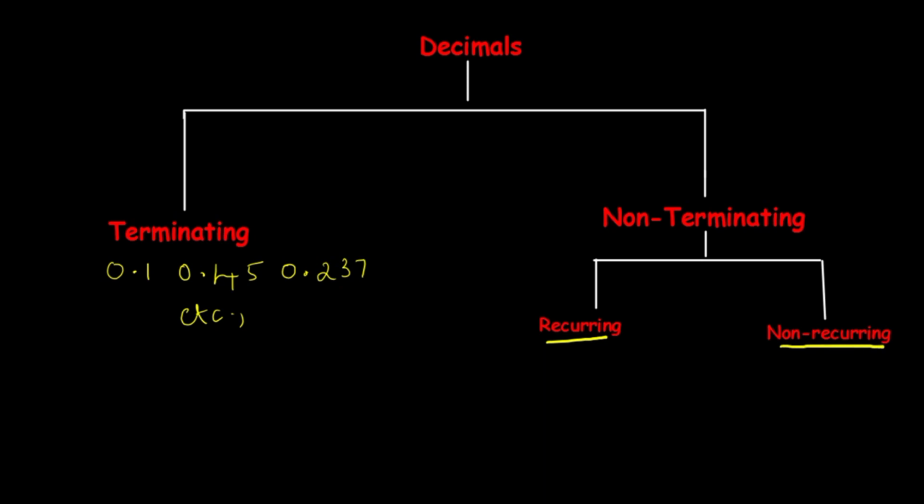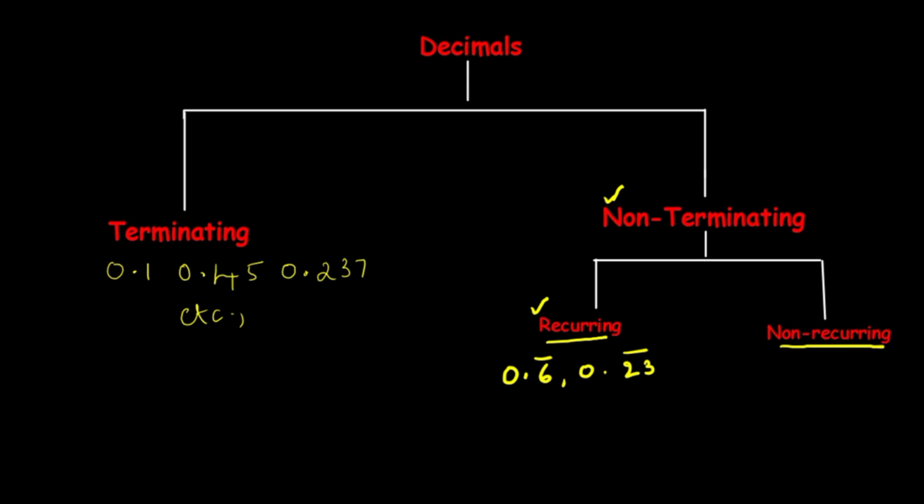Just before we discussed 0.6 bar or 0.23 bar. So what is 0.6 bar? That means it is 0.6666, and so on, and 0.23 bar is 0.232323, and so on. So that is in the non-terminating, and it belongs to the recurring decimals. Recurring means repeating decimals.